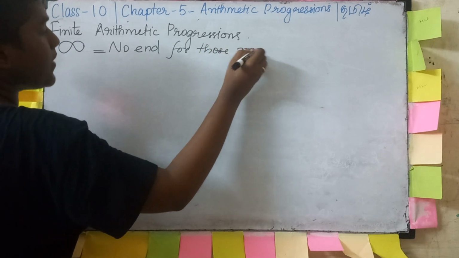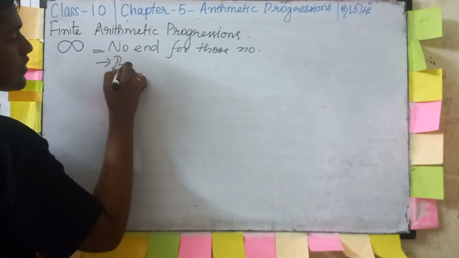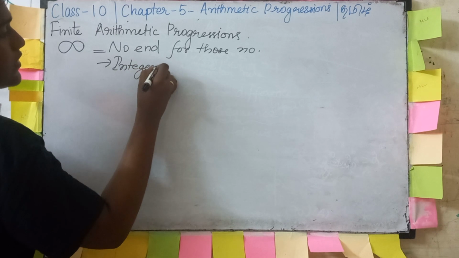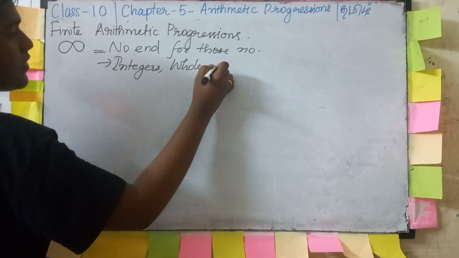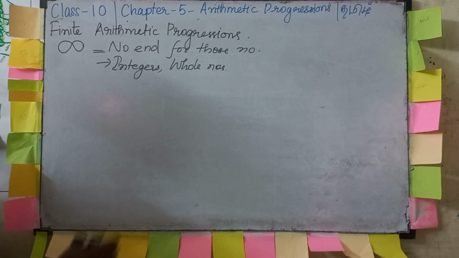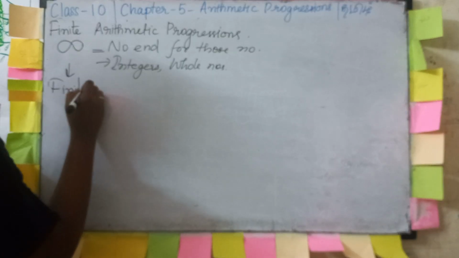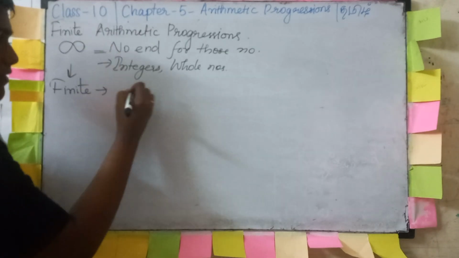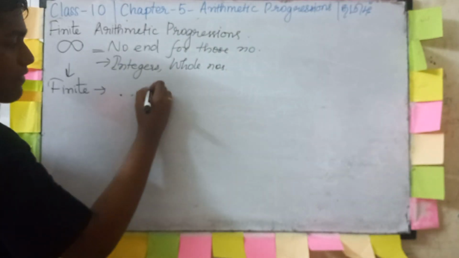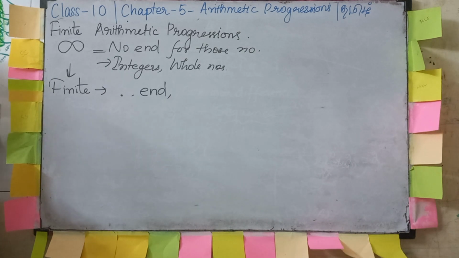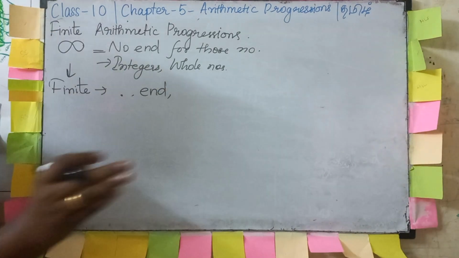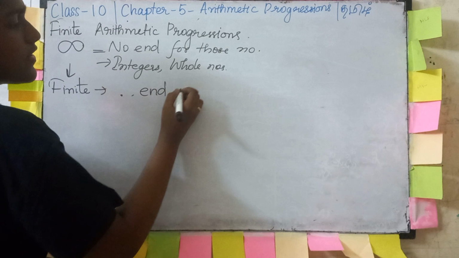For example, integers and whole numbers are good examples. The opposite of infinite is finite. These have an end, a set of numbers which we can count. This is known as finite.